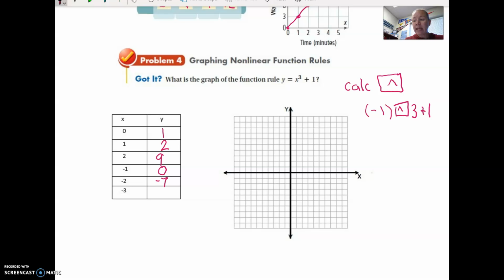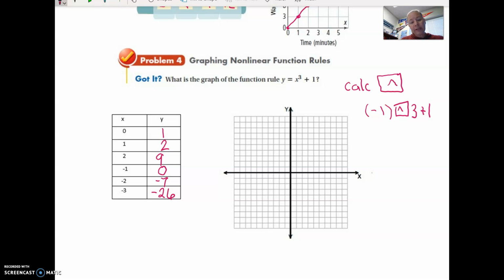And then when we plug in -3 on your calculator, you should end up with -26. Although this last one is going to go off of my graph, so I'm not going to graph that one. I'm only going to graph the points that actually fit on the graph here. So we're just going to leave that one off.